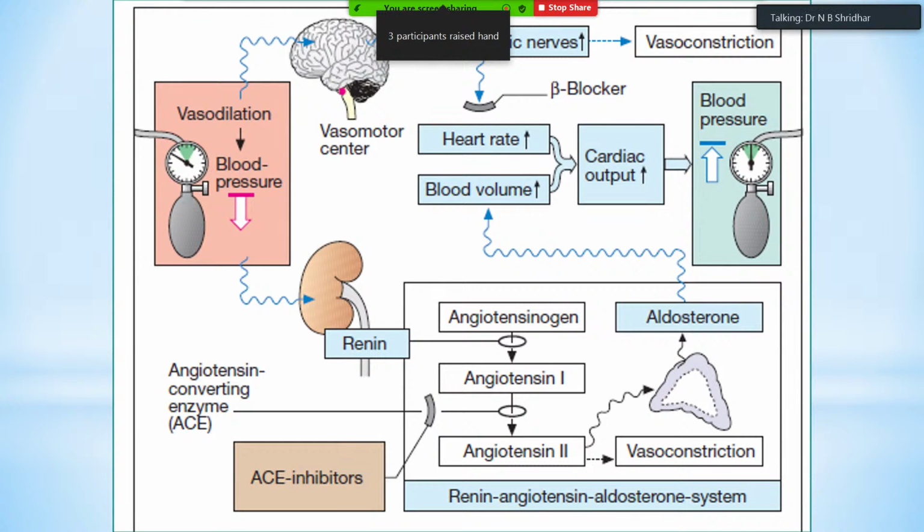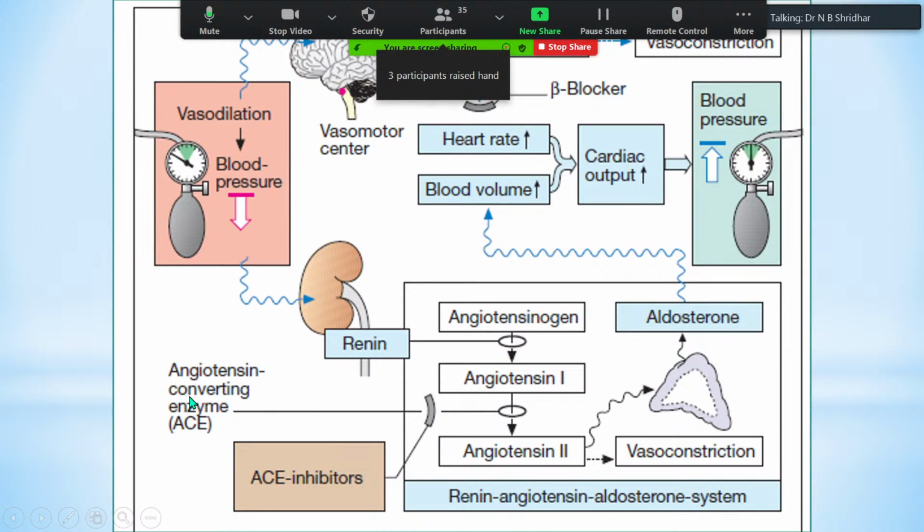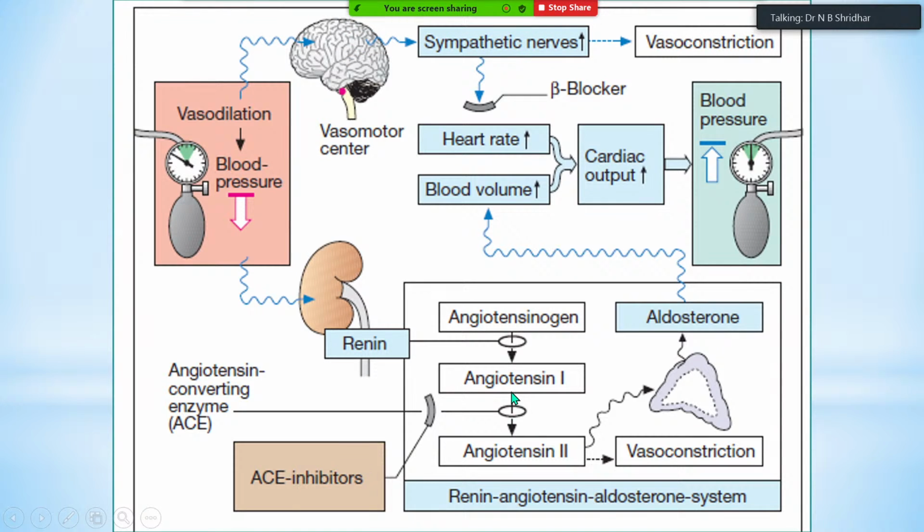And here you can see the variety of actions of the renin, angiotensin, aldosterone system. All these three, the renin, angiotensin, aldosterone system, have a coordinated action, especially the angiotensin converting enzyme, or ACE. ACE is going to convert angiotensin 1 to 2, whereas renin is going to act on angiotensinogen, which is a precursor of angiotensin 1.